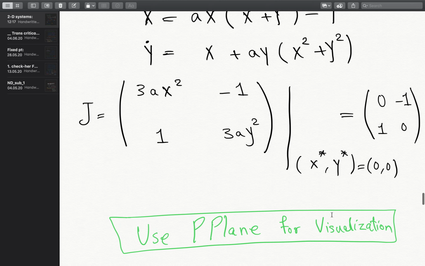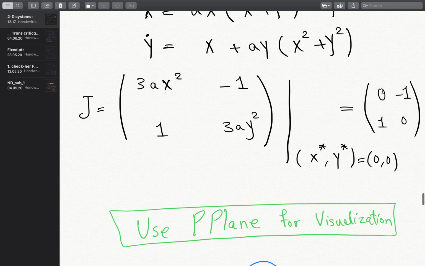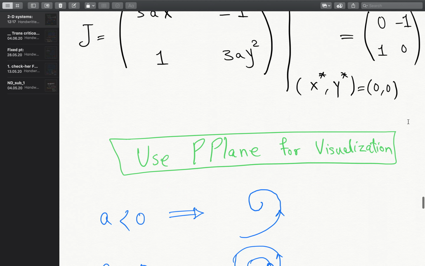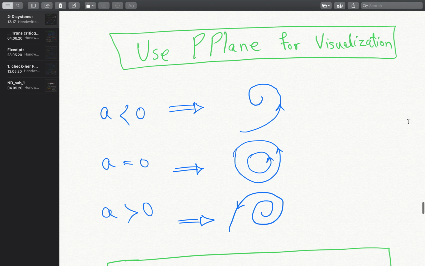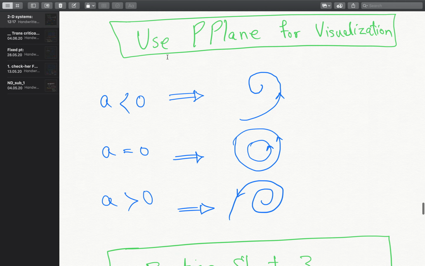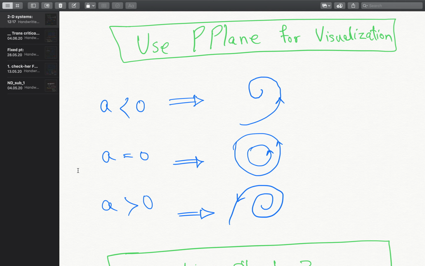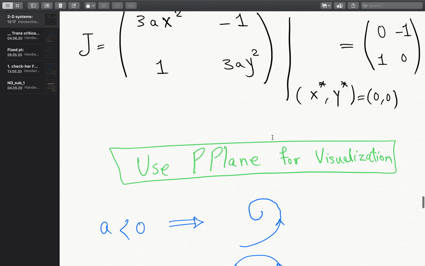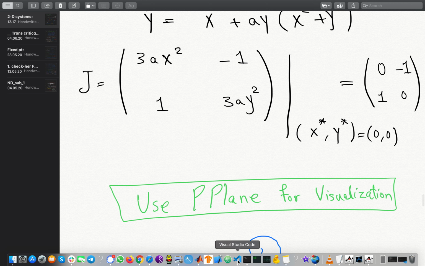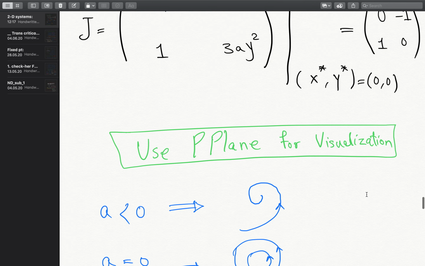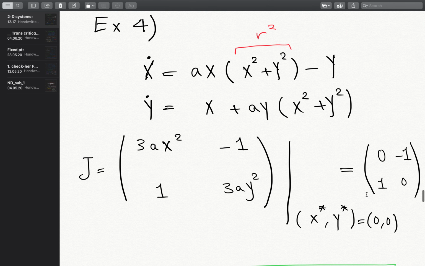And for finding the eigenvalues, you just put the minus lambda, or with the help of the trace and the determinant of your matrix. So we want to see about this equation, different values of a, and see these behaviors. So again, please use your p-plane for the visualization, and this is the equation.